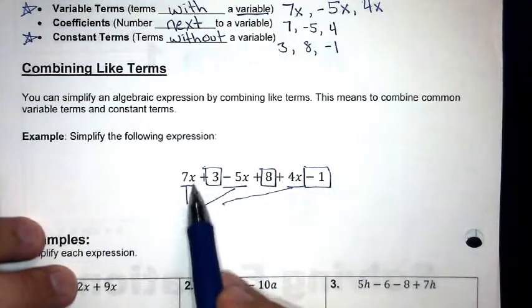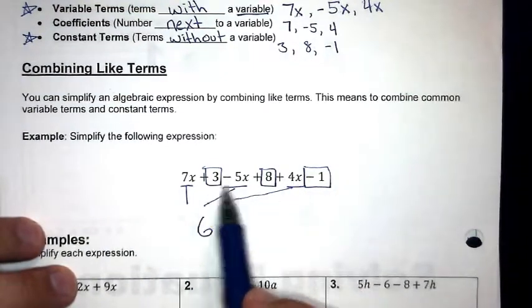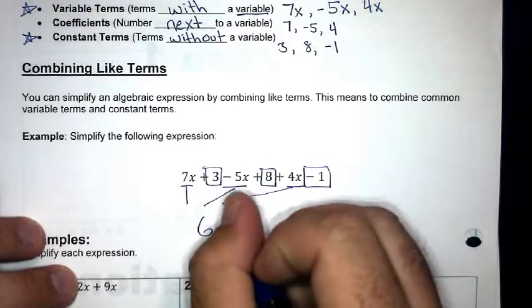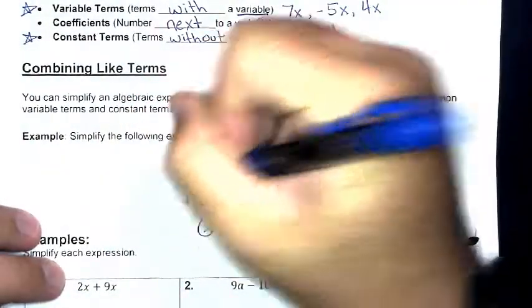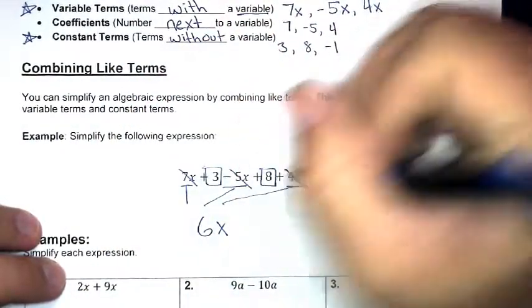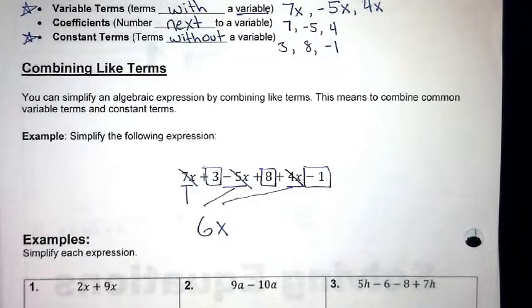All of these variable terms had x with them, so we keep that x with the variable terms. Coach Kimball's strategy: once you've used it, scratch it out. You're done with it, so you don't look at it again.